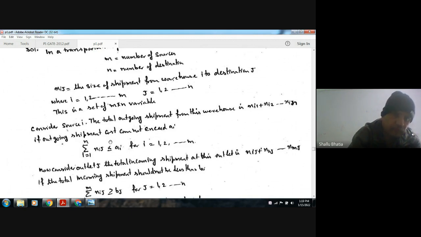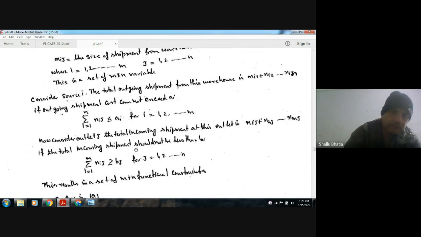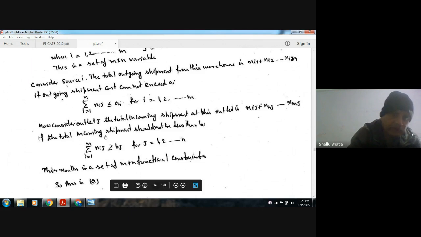The outgoing shipment cannot exceed ai, so this will be the limit. And i varies from 1 to m. So this will be your equation, the first constraint.